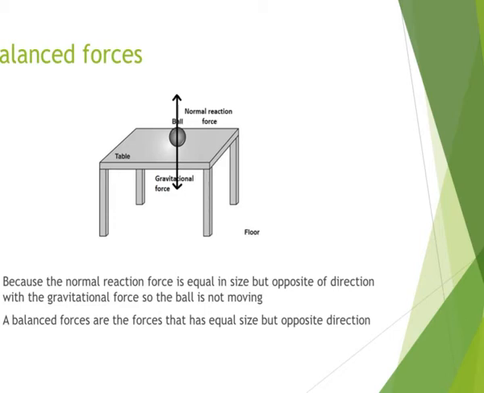So what is the meaning of balanced force? Balanced forces are forces that have equal size but opposite direction. It's not equal direction, it's opposite direction. If it's equal direction, it's unbalanced force. If they are not equal in size, it's unbalanced force.